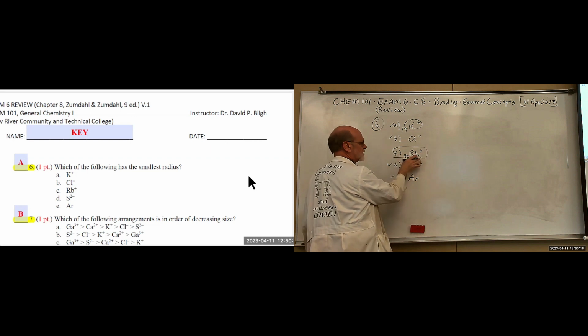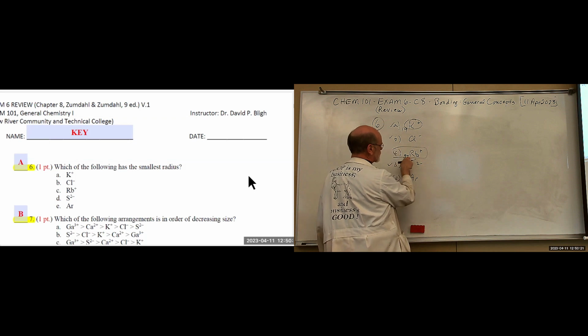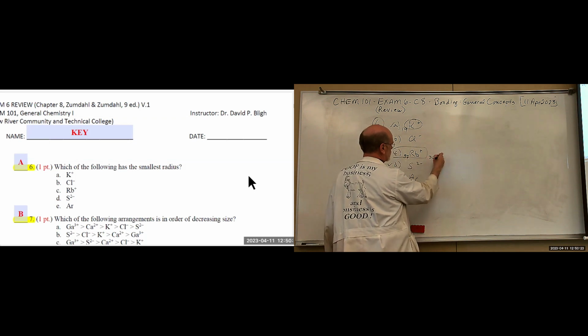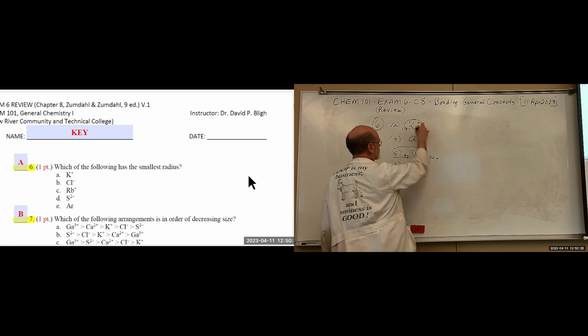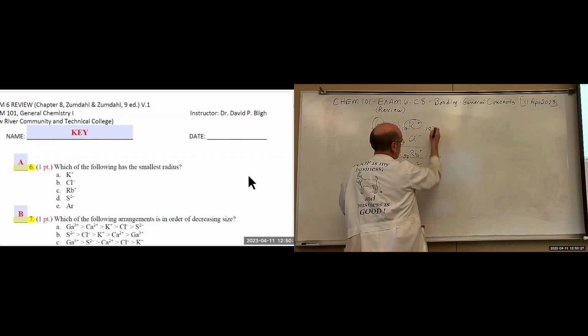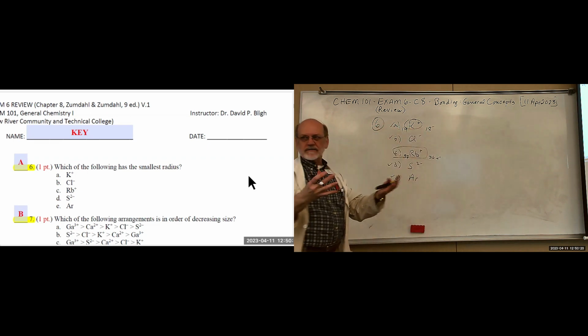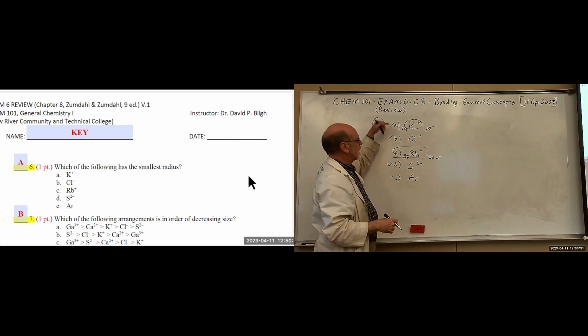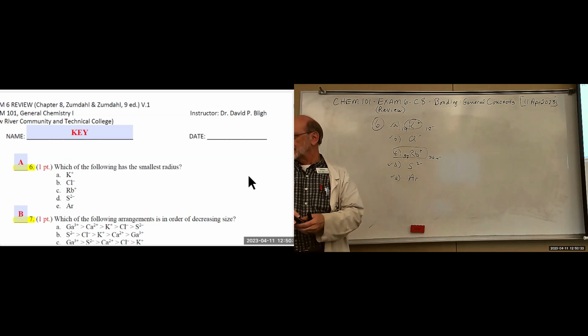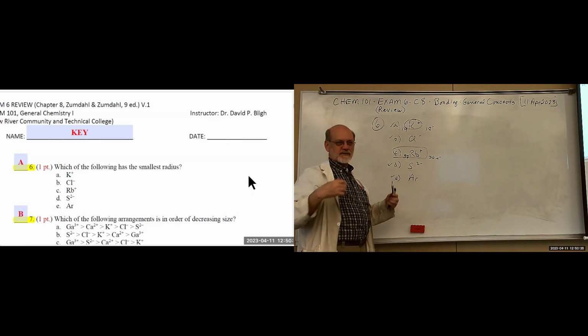Oh, no, it's still got a bunch of electrons, right? This only brings it down to 36 electrons, and this brings this one down to 18. So it's still got a bunch of electrons out here. It's going to be too big. Potassium's the smallest. I was convincing myself.